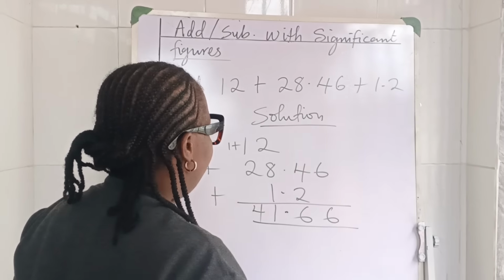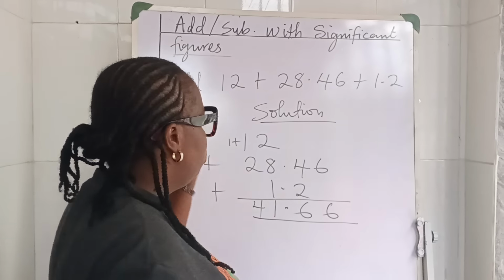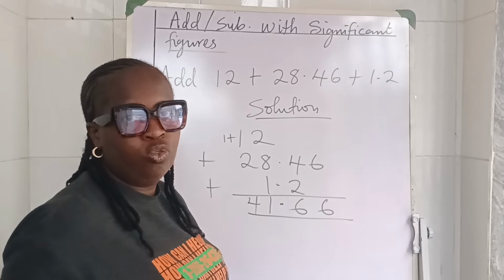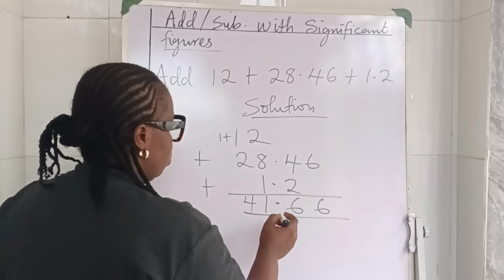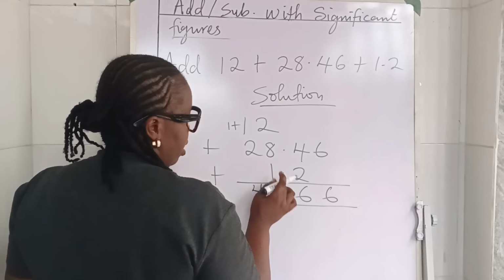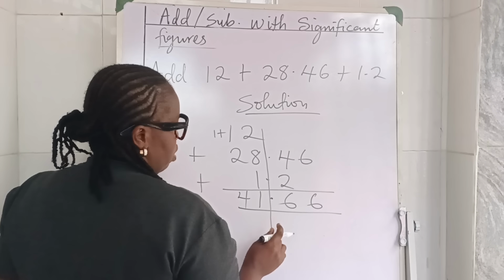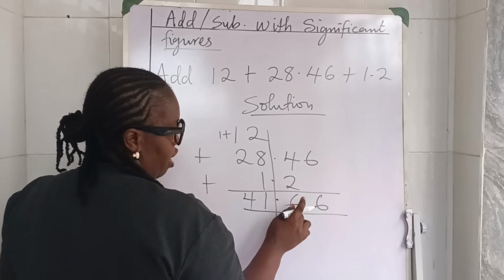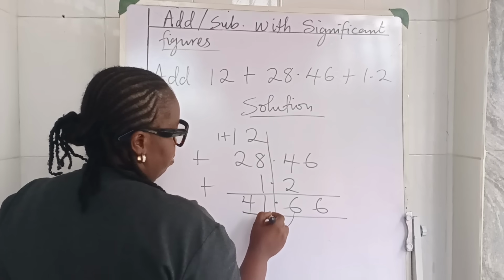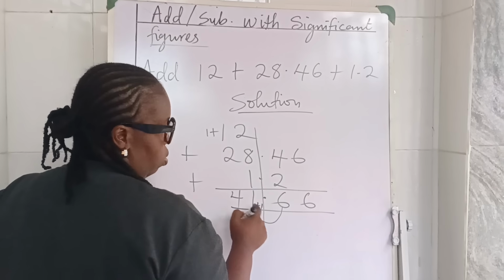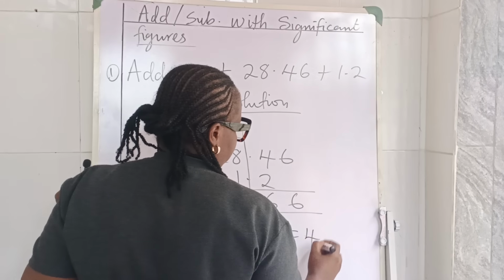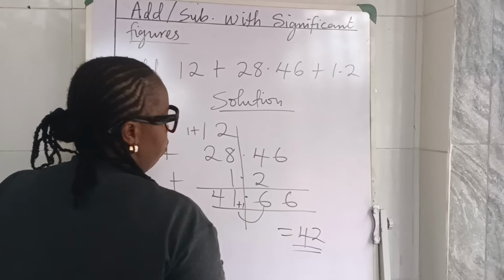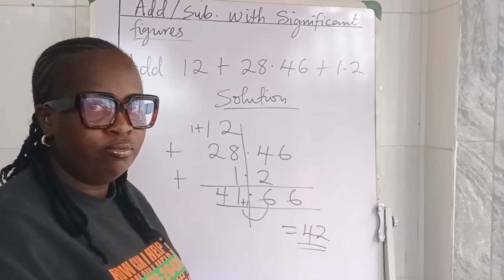And remember, according to the question, our final answer is going to be rounded off to a whole number. This is the whole number 41. So it's stopping here. But since this 6 is up to 5, it's going to have an effect here, adding 1 to this one. So we are going to have 42 as our final answer.